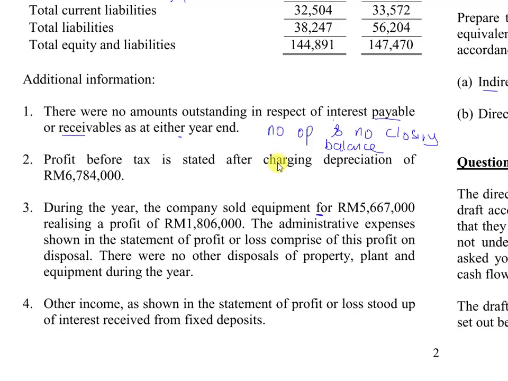I sold my equipment for 5667. Is there a proceed? Disposal money. Is this the cost, accumulated depreciation, net book value, or bank? I sold it for 5667, means I sold it for this amount. It's the bank. Received 5667.